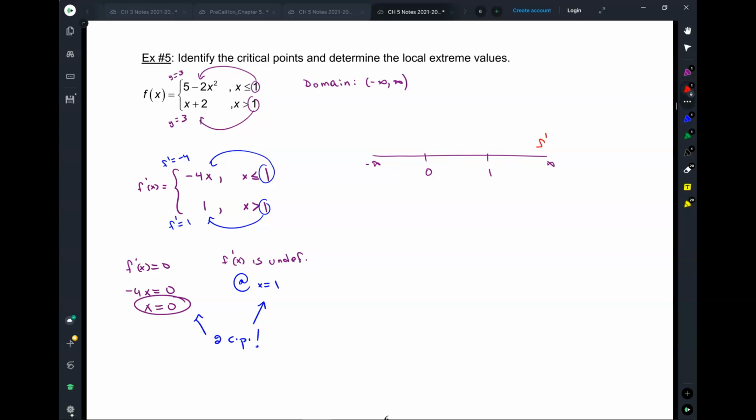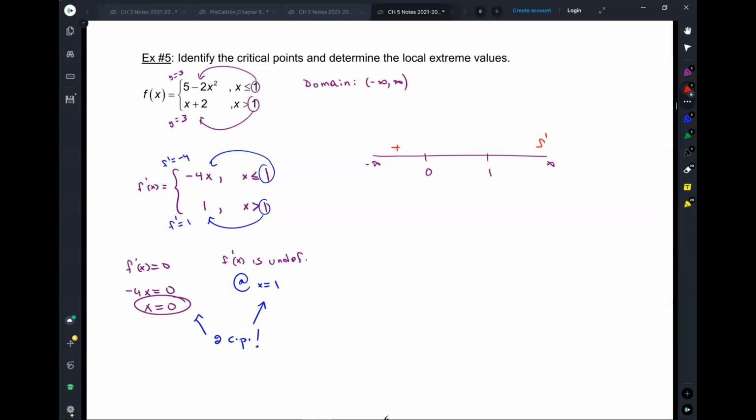That means I'm going to plug values into their respective regions. Give me a value from here. Negative 1. Where does it go, top or bottom? Top, so I get a positive value. 0.5, where does it go?